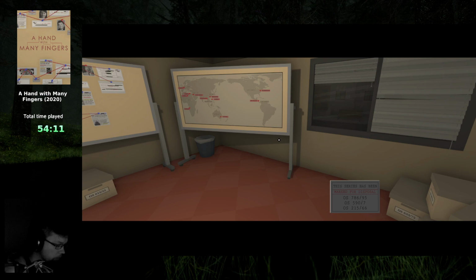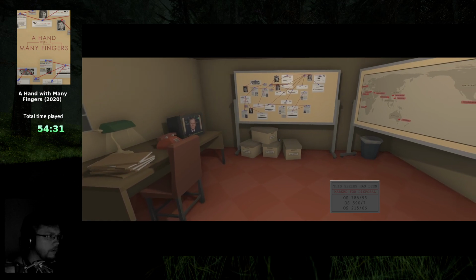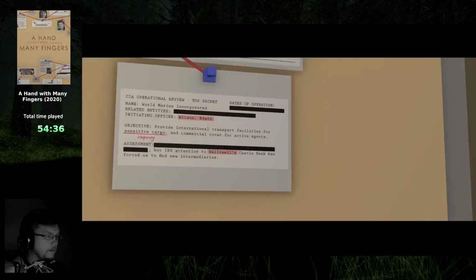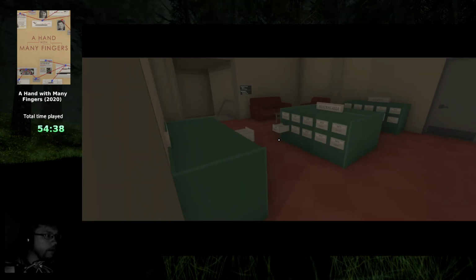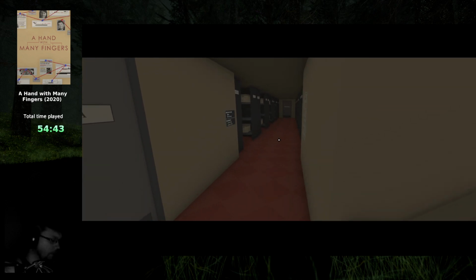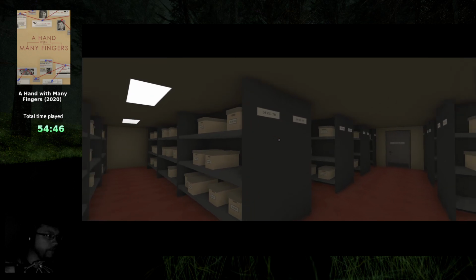78695. Well, that's this one. 597. That's a new one. 21566. I think that's a new one. Alright, let's go take a look at those. Throw that there somewhere. It's useless, but it's in there now. $590.